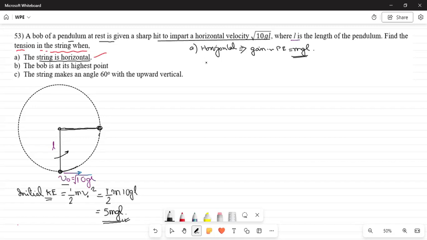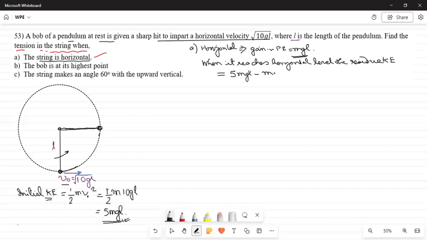So when it reaches horizontal level, the residue kinetic energy that will be left with it is 5 mgL minus mgL, equal to 4 mgL.